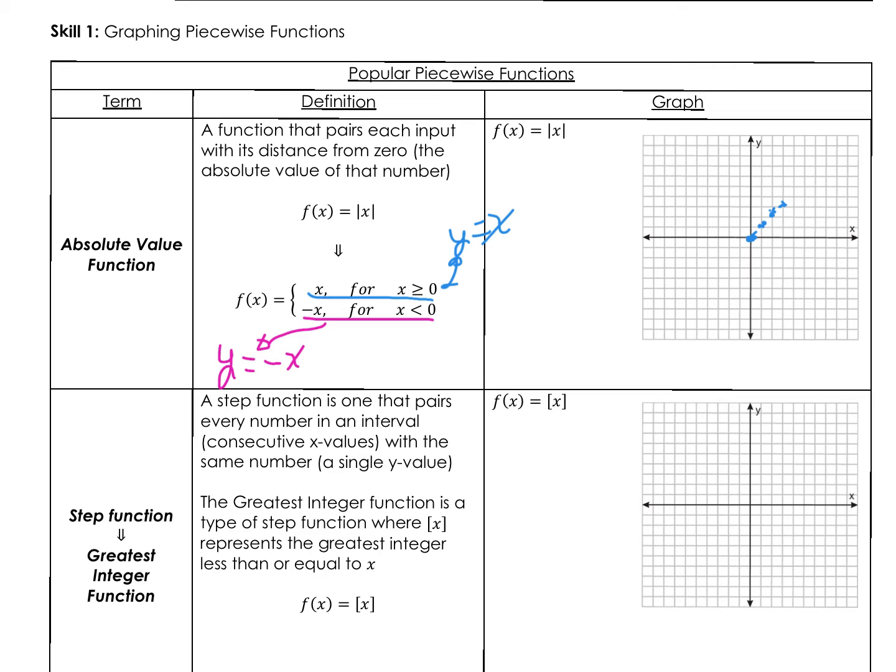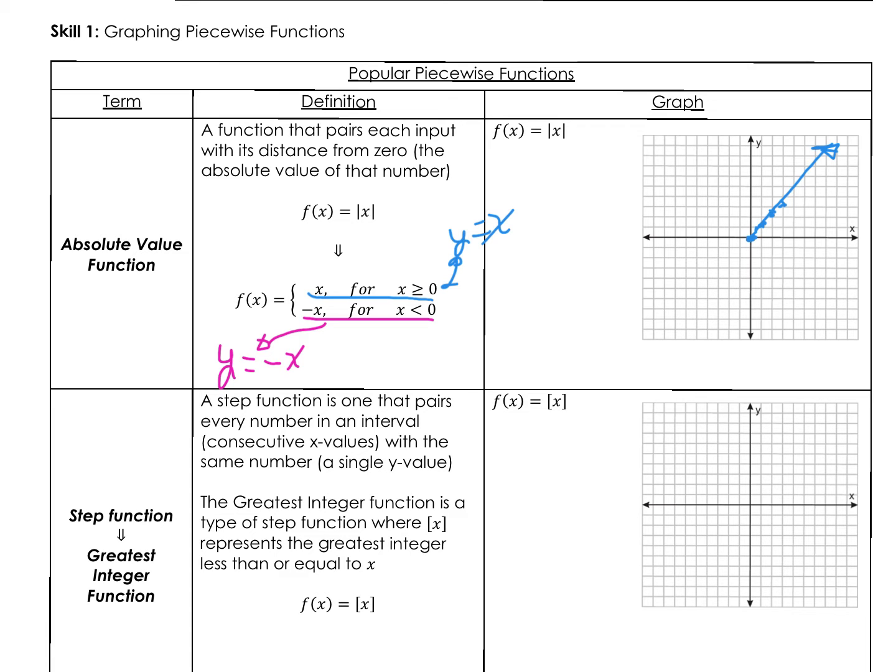And so the only values are going to be from here to here, give or take. I might be off a bit because my graph is not very good. That's supposed to be an arrow. There we go. Okay, so that is what y equals x is for any values for x that are greater than or equal to 0. So here's 0. These are the values of x that are greater than or equal to 0.